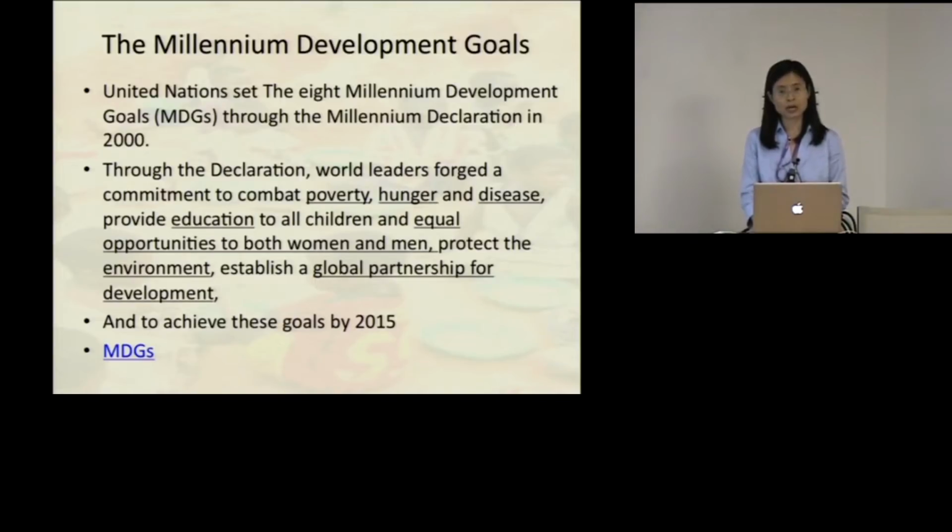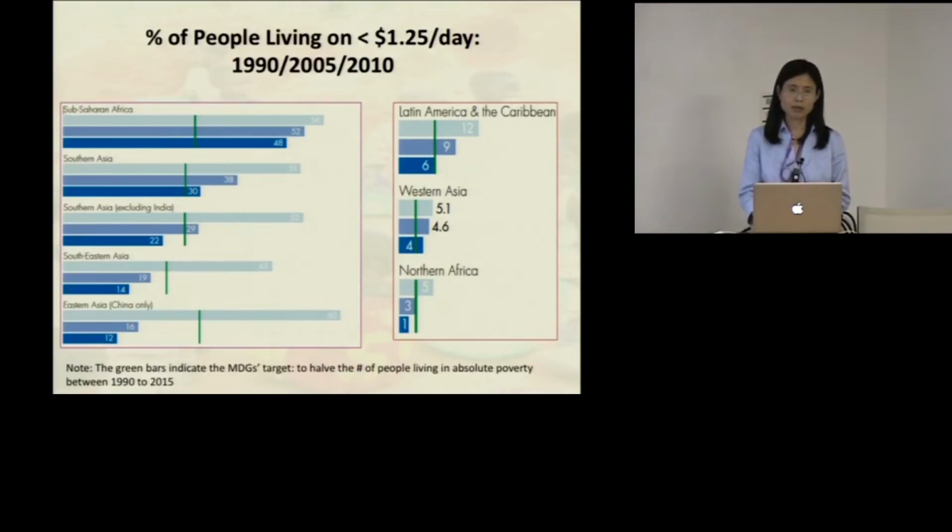The first goal was related to poverty reduction. From their report in 2013, we can see that the world poverty reduction is going on, but it's better in some regions than in other regions. This chart shows the percentage of people living on $1.25 or less a day from 1990, that's what the first bar is showing, 2005, that's what the second bar is showing, and 2010, that's what the third bar is showing.